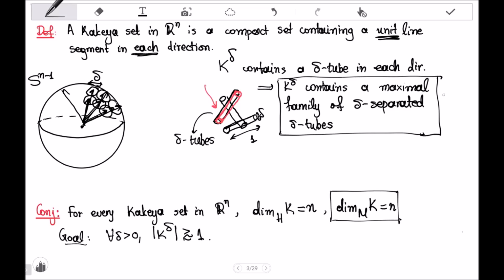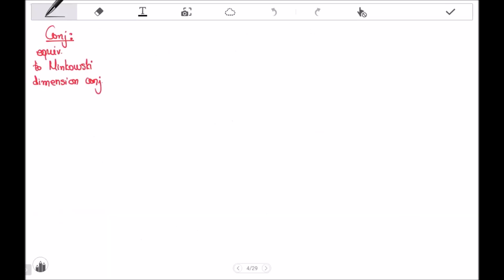Okay, so now this fact gives me an equivalent formulation of the conjecture that I will write here.